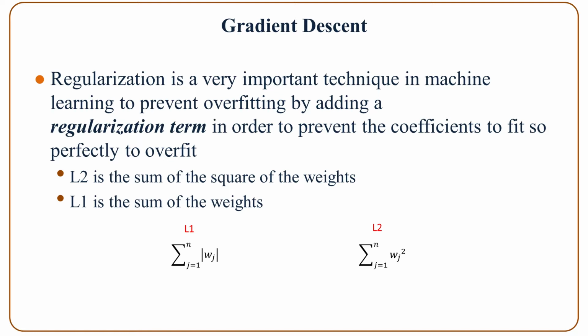There are two types of regularization terms, L2 and L1. L2 is the sum of squares of the weights, and L1 is the sum of the weights with the absolute value.